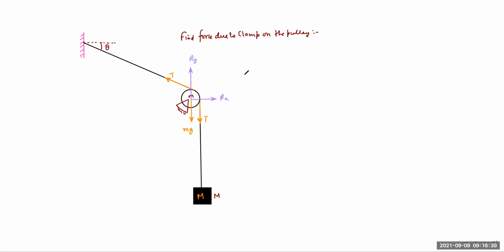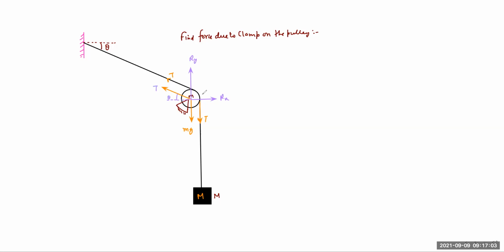So in this particular case, the Ry is how much? If you do all the forces together, this tension we can bring here, parallel to this. Now you can see this better. We know this angle is theta.